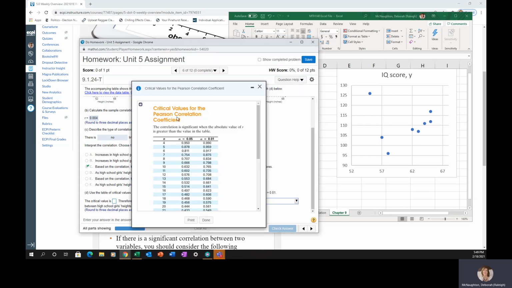So then here's the table. Our alpha is 0.01. Our degrees of freedom is 6. So the critical value is 0.917.